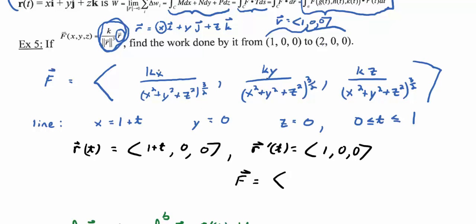X is 1 plus t, so k times 1 plus t over 1 plus t squared to the 3 halves, which would be exactly what you said. Right? 0, 0. But let me write down the simplified form of that.